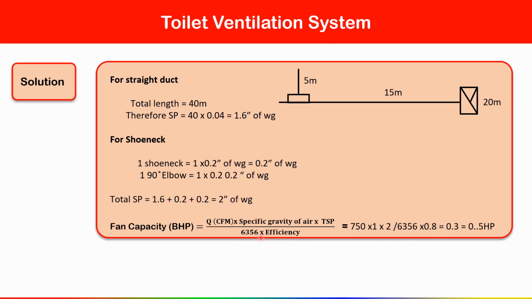Then you have to write down the conversion factor, and efficiency I have taken here as 80%. As per that, how much capacity have we got? 0.3 HP, so near about 0.5 HP. In this way, by using the thumb rule, you can easily find out the capacity of the exhaust fan.